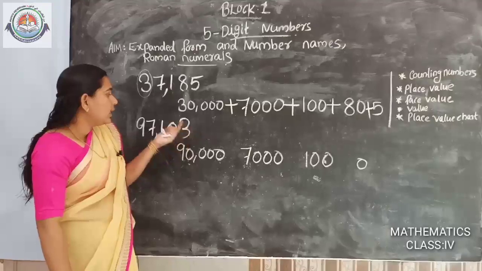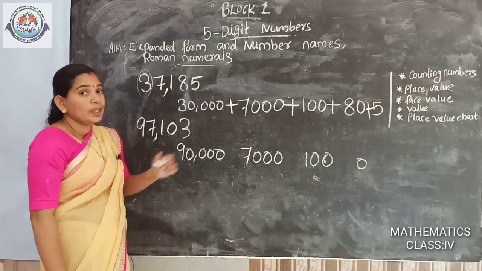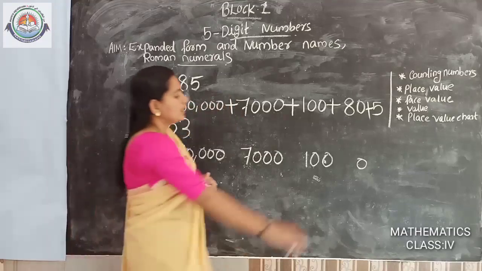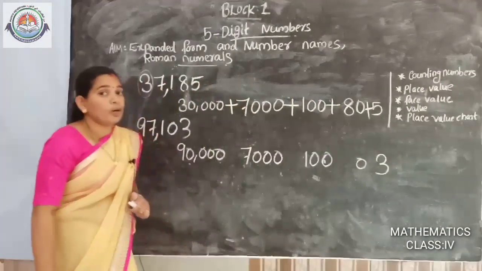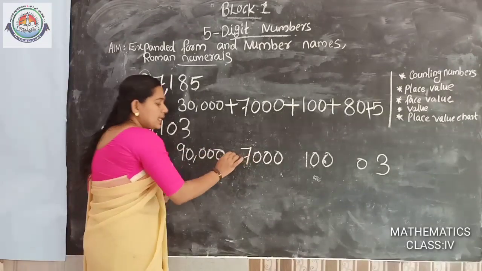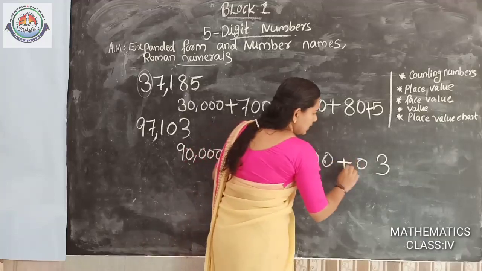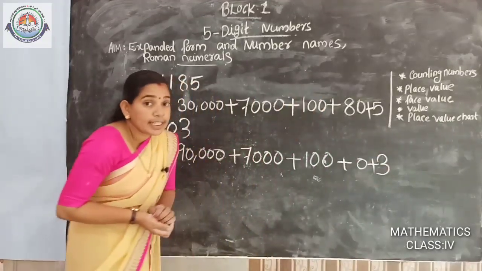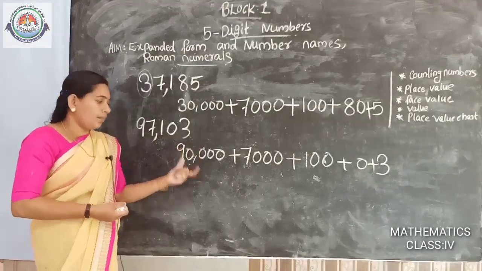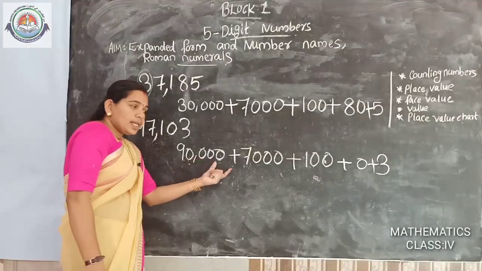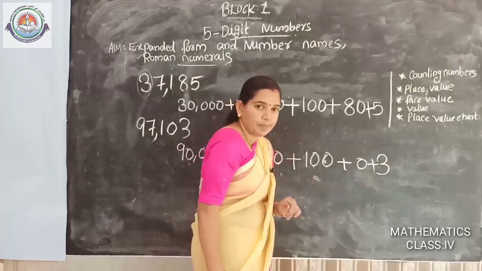Then 3. 3 is in the position of 1. So the value of 3 is 3. Then how do we find the expanded form? It is the sum of the values of each digit. So what is the expanded form of 97,103? 90,000 plus 7,000 plus 100 plus 3.